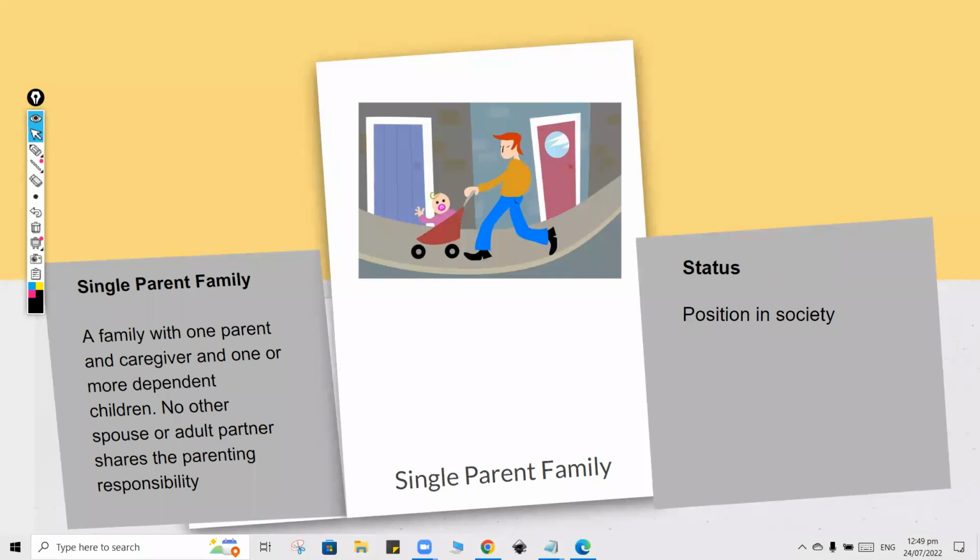Someone is asking if an aunt and an uncle are taking care of children, what type of family would that be, right? Then classify the aunt and the uncle as parents, because I'm assuming biological parents are not present and grandparents are not present. So think of the aunt and the uncle as parents, and then classify accordingly.